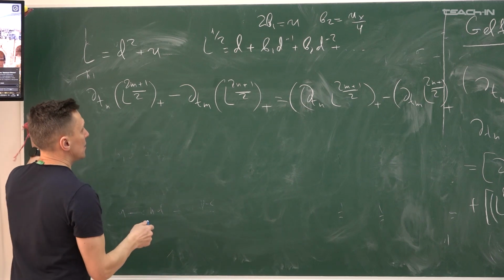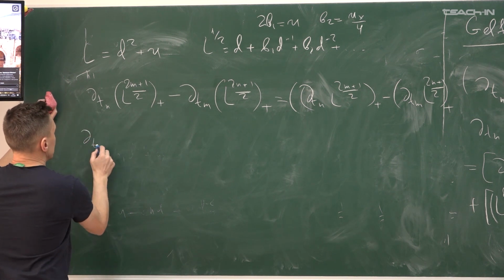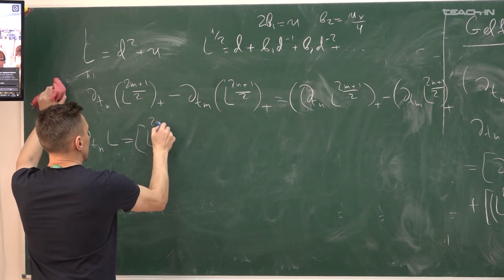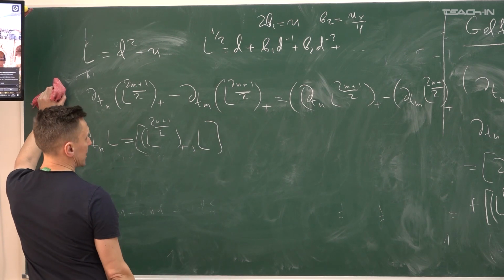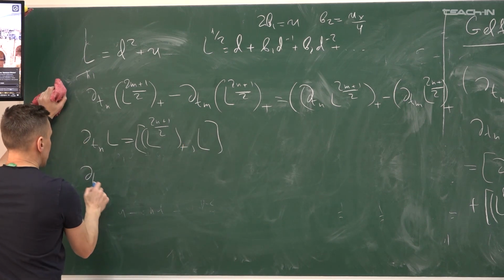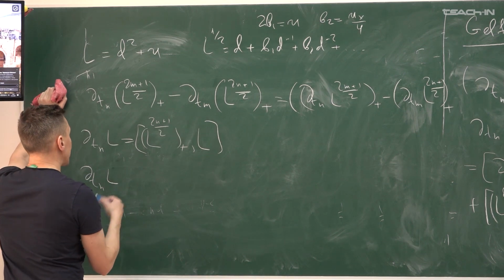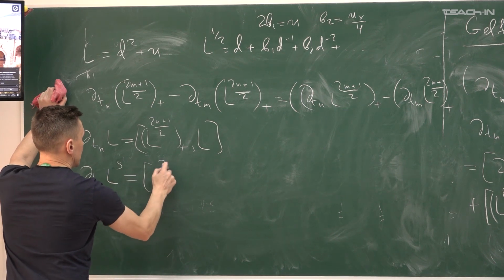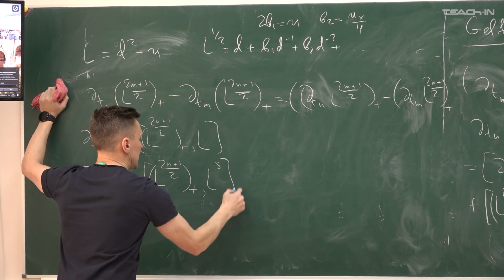Now I have dtn of L is the commutator of L^((2n+1)/2)_+ with L. I have to apply this to the power. So my statement is that dtn applied to L^s is equal to the commutator of L^((2n+1)/2)_+ with L^s.